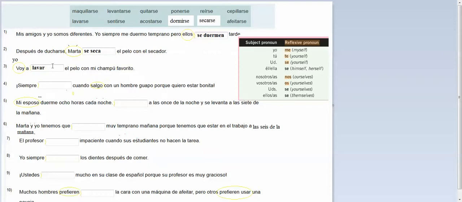Well, given that we're supposed to be writing an answer only in the blank, we should attach it, okay? And now they're two separate things. You've got a reflexive pronoun and it's attached to an infinitive. The infinitive I'm not changing, but I'm still going to need to change my reflexive pronoun to match my subject. Well, who is my subject? Who is it that's going to be washing hair with their favorite shampoo? I am. I'm the subject, so I'm going to be washing myself. So I need to make this me, and it goes here.